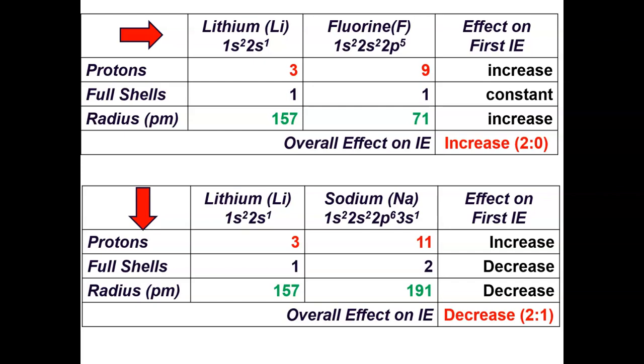So we get our general increase going across a period because nuclear attraction and radius favor that with the constant shielding. Whereas down a group, we have our decrease in ionization because the increased number of protons is outweighed by the increasing shielding, leaving it down solely to the increase in size of the atom, making the outer electrons further away and easier to lose.